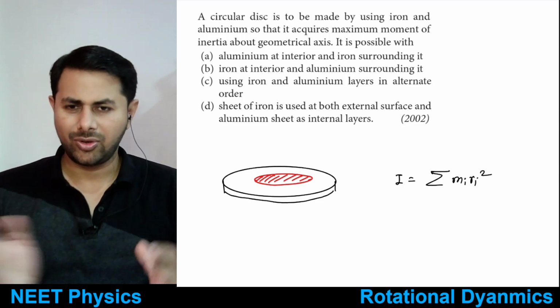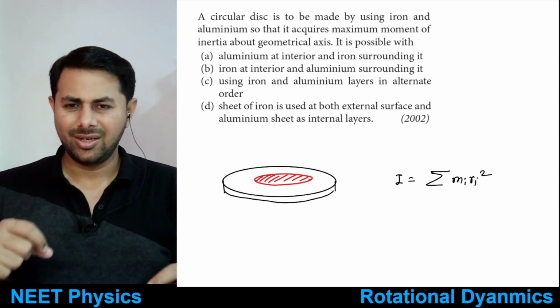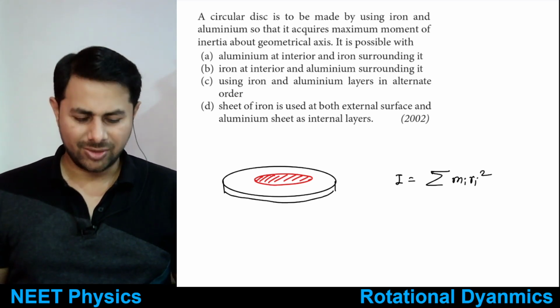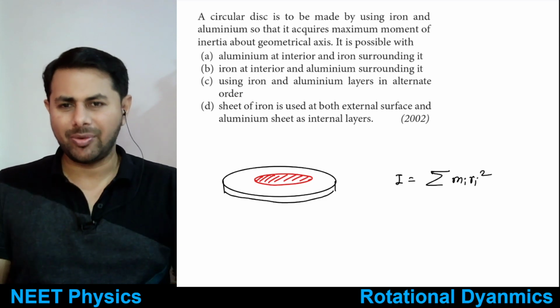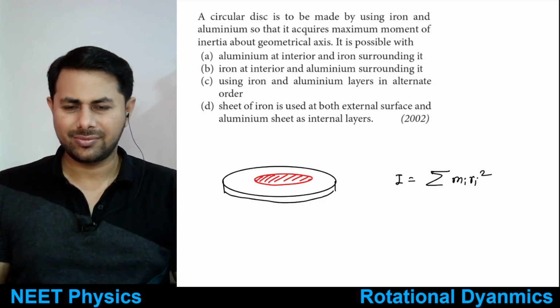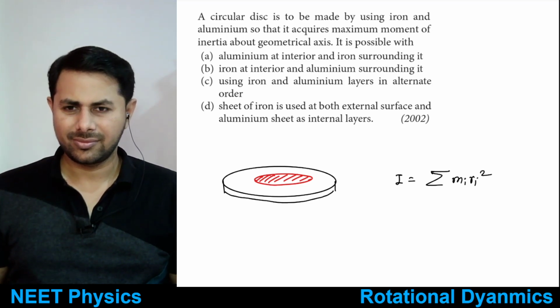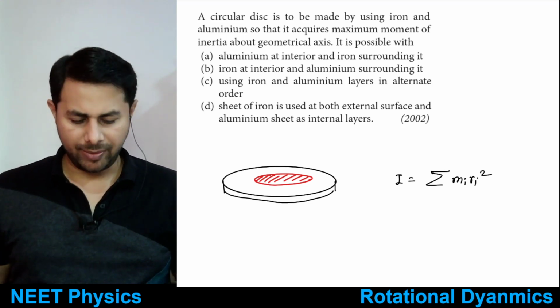You want more moment of inertia, which means the heavier of the two, that is iron, should be away from the axis of rotation. Right? More mass should be away from the axis of rotation.